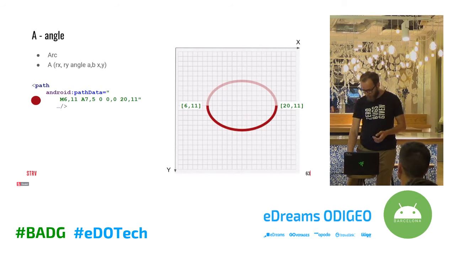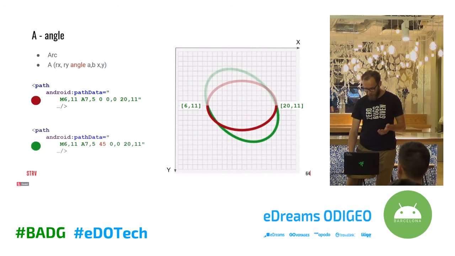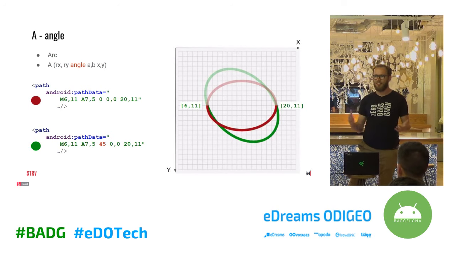This is the red one, and if we create the exact same shape with a rotation of 45 degrees, this is what happens, and it's rather surprising to me, and I can't explain it really well. It's just a mathematical function that doesn't just rotate it, but squishes it as well. For me, this means it's rather difficult to predict how it will behave and how to use it.